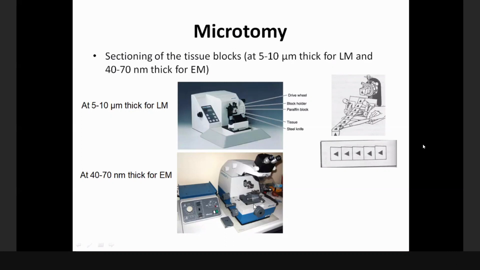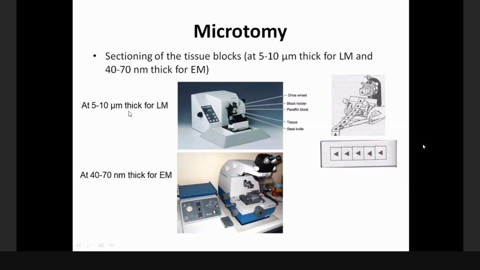This one is for electron microscopy, where the slices are very thin, not able to be visualized by naked eyes. So here you have a magnifying glass fitted to this microtome. As I said, for electron microscopy, the tissue thickness should be about 40 to 70 nanometers, whereas for light microscopy it is about 5 to 10 micrometers.